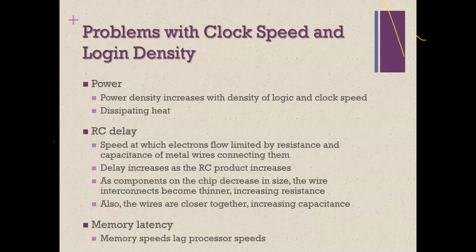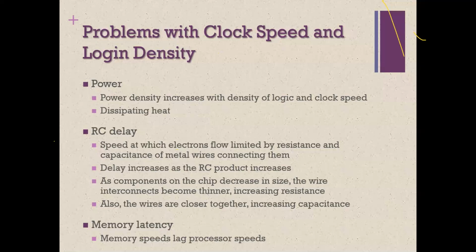So here, the speed at which the electrons can flow on a chip between transistors is limited by the resistance and the capacitance of the metal wires that are interconnecting these components. Specifically, the delay increases as the RC product increases.